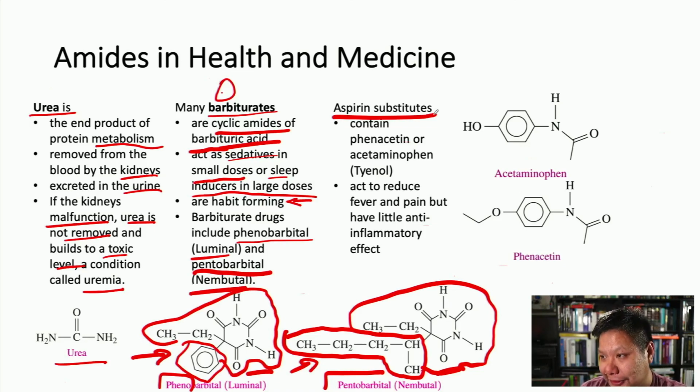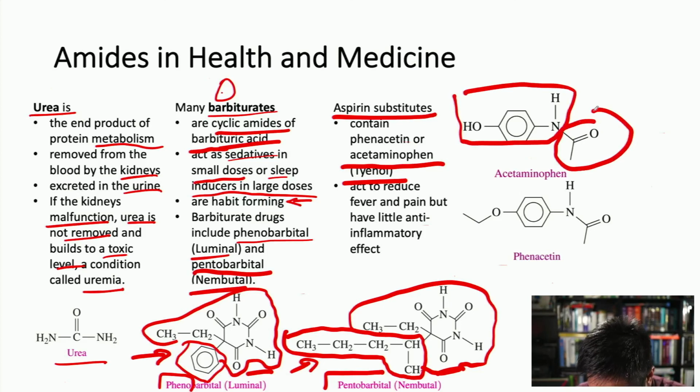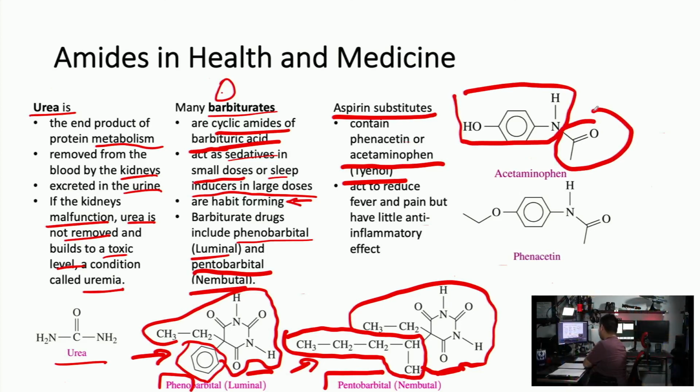Well, aspirin substitutes like Tylenol, also known as acetaminophen, there's this guy right here, and here's the acetyl group. That's Tylenol right there. And another one is phenacetin. I've actually never heard of phenacetin before, but that's phenacetin right there.